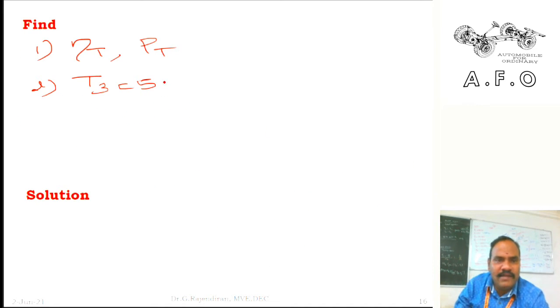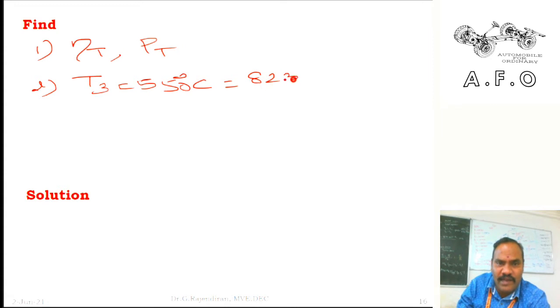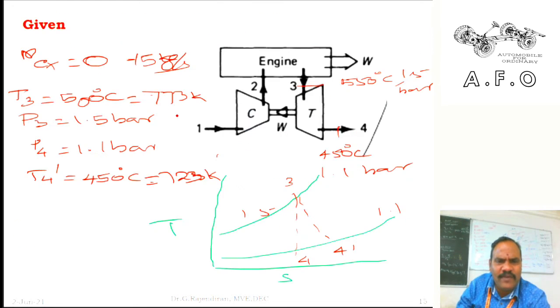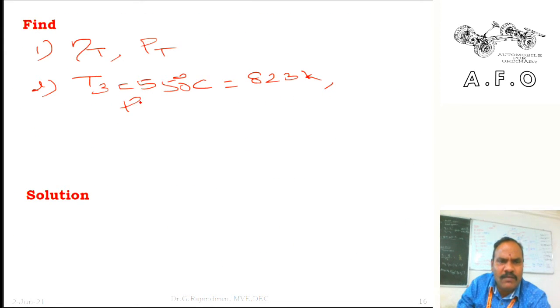Now T3 is equal to 550 degrees centigrade, that is equal to 823 Kelvin. Clear? The pressure ratio is the same, and the isentropic efficiency is the same, constant.